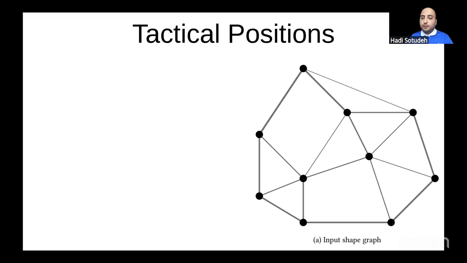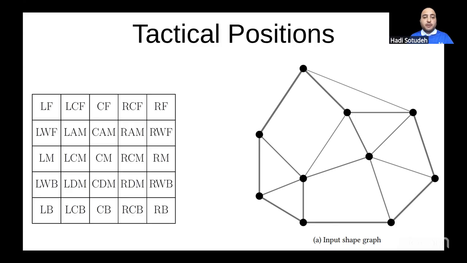We propose a graph representation for the 10 outfield players of one team playing from bottom to top, where players who are nearest neighbors are connected, the players' convex hull is included, and then we want to be able to say what is the position of any of these players, based on 25 possibilities that you can see on the left side of this screen, which are probably the common positions that we are familiar with.